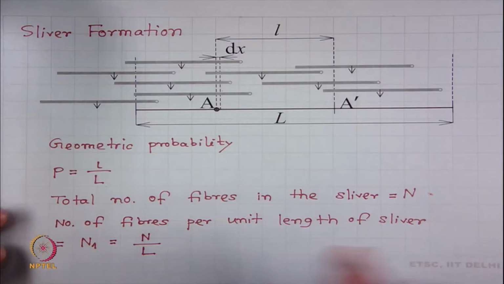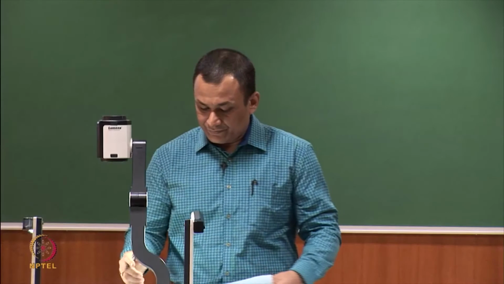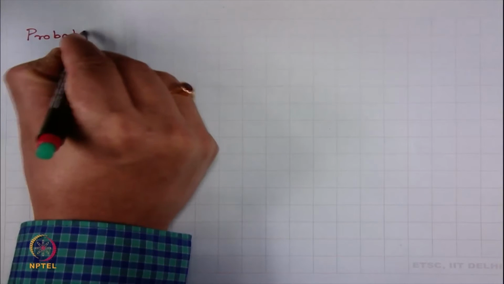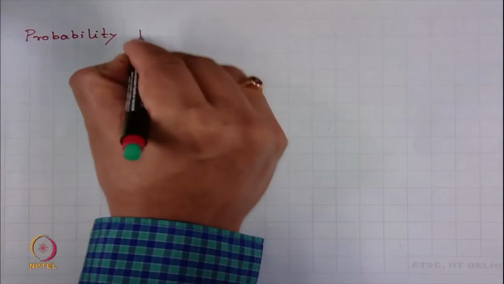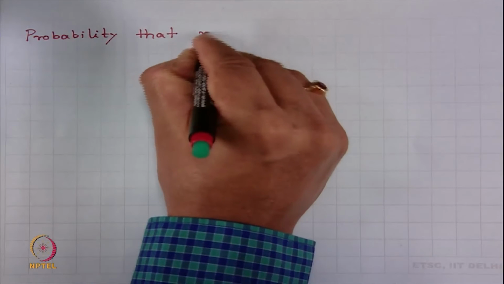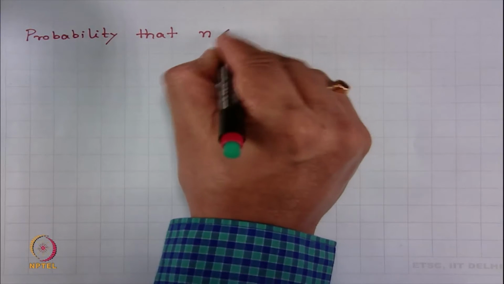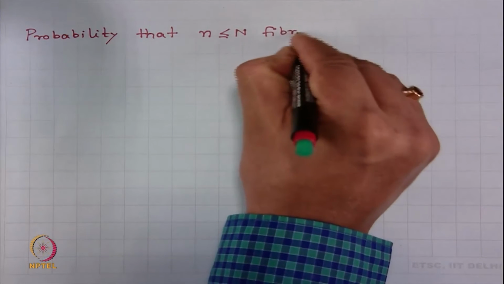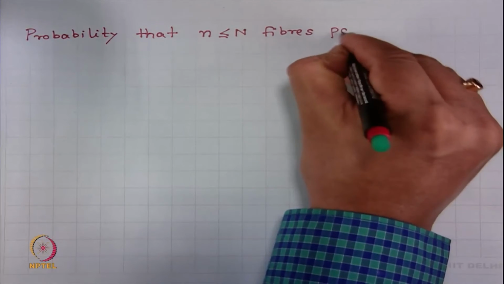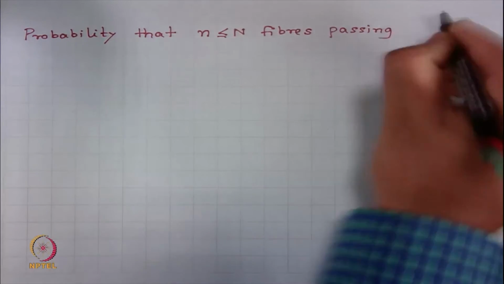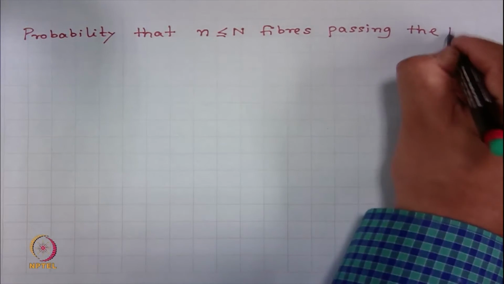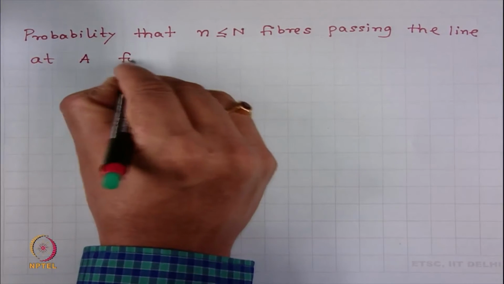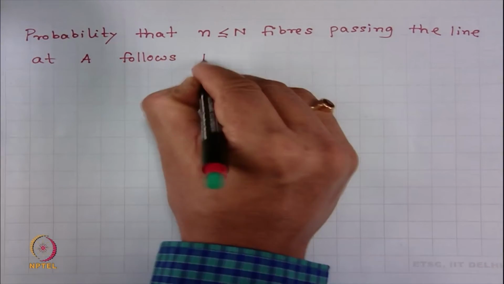Then the probability that small n fibers, where this small n is much less than capital N, pass the line at A follows a binomial distribution.